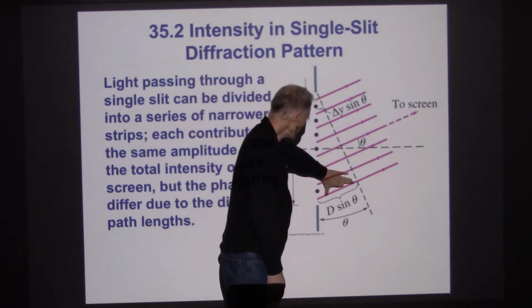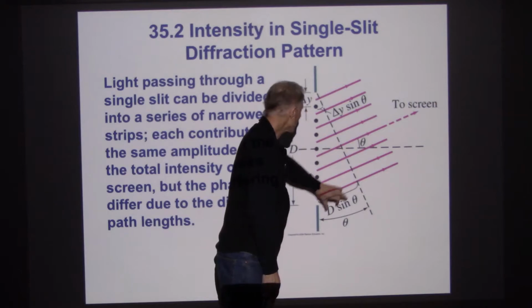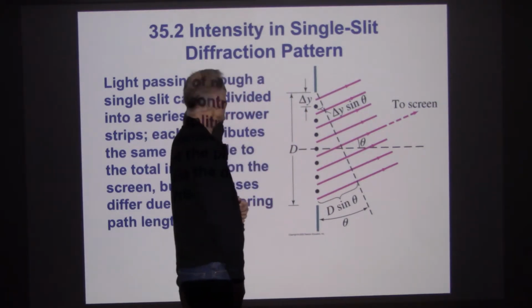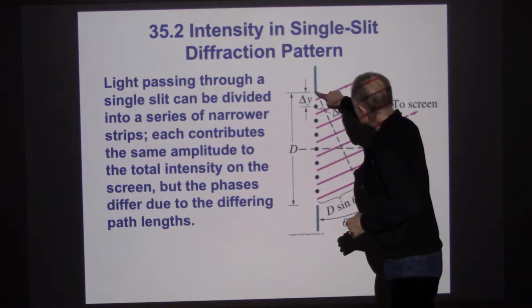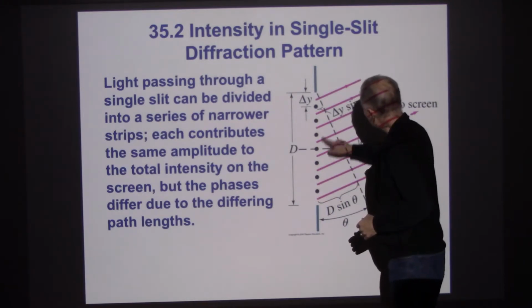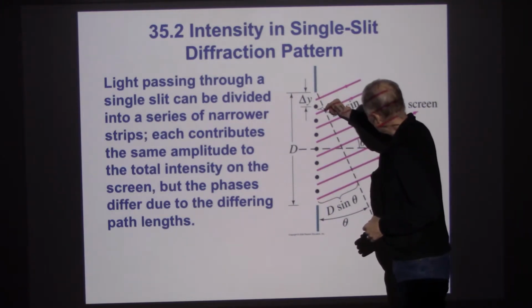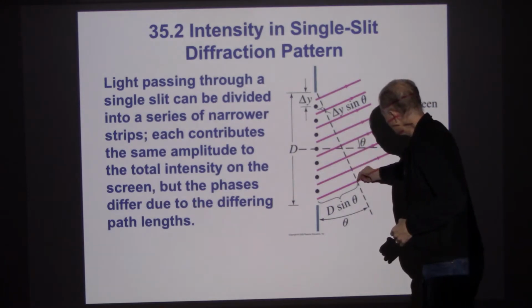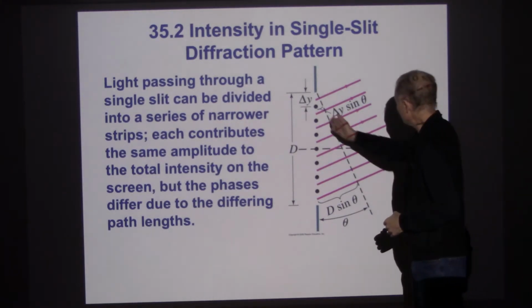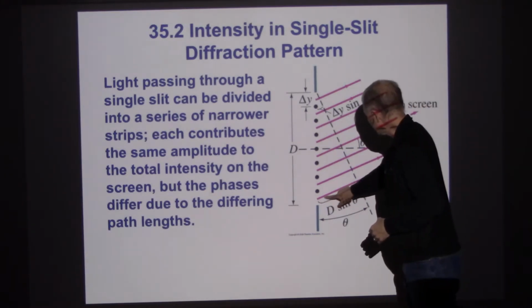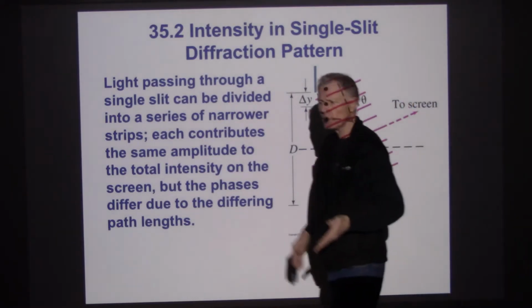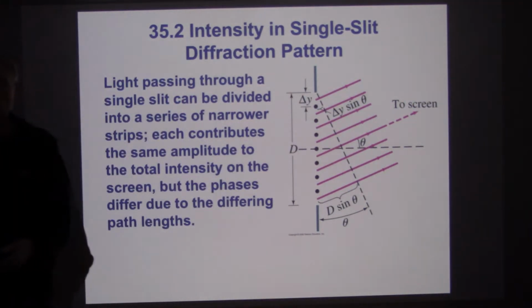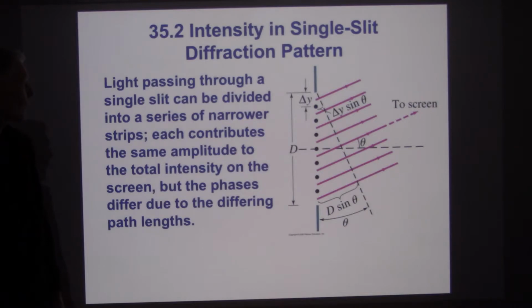Now the extra path length difference here is going to be d sine theta, and that can be derived the same way we did back in chapter 34. If you remember, if this is the width, d here, and this wavefront is shifted over by an angle theta, then this side of my right triangle is d sine theta, and that's what we set equal to some number of wavelengths as a way to derive our formula.